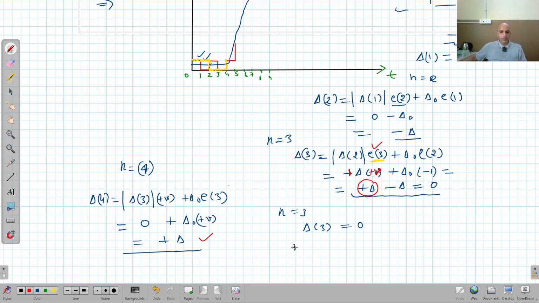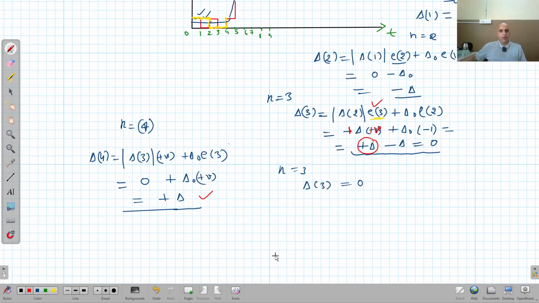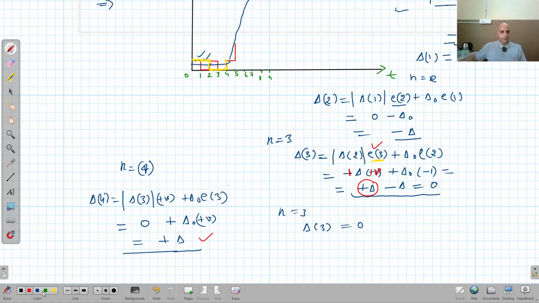Now I am going further to the step n is equal to 5. For n is equal to 5 we have to take up to this point, the resultant waveform.